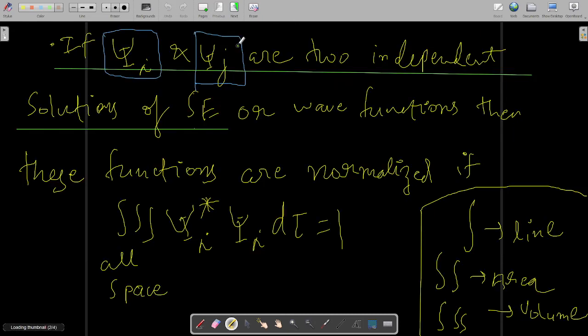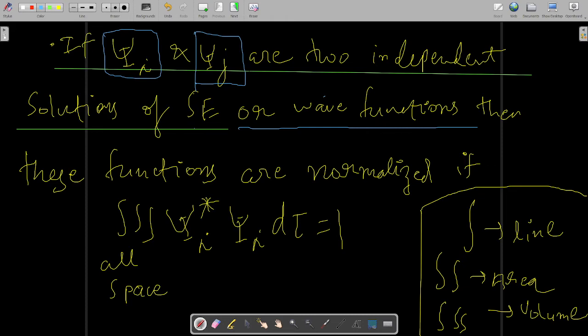Okay, so that's why we have written that psi I and psi j are two independent solutions of Schrodinger equation, or we might also call them independent wave functions.